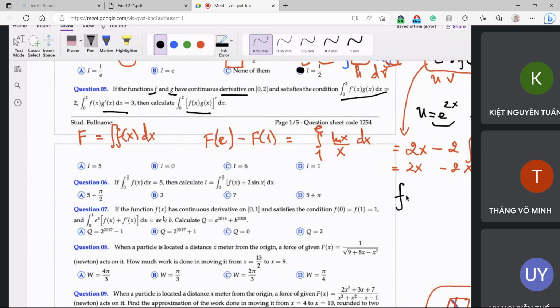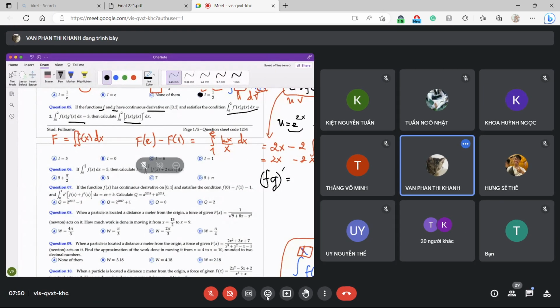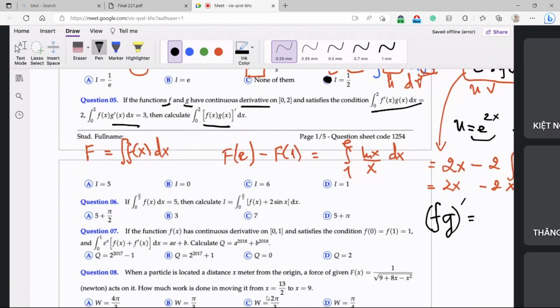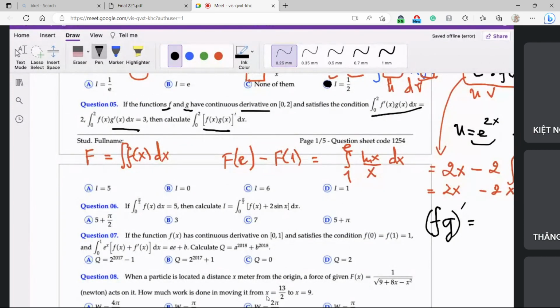What is the derivative of f times g, class? Okay, I write it in this way. UV. Please wait.